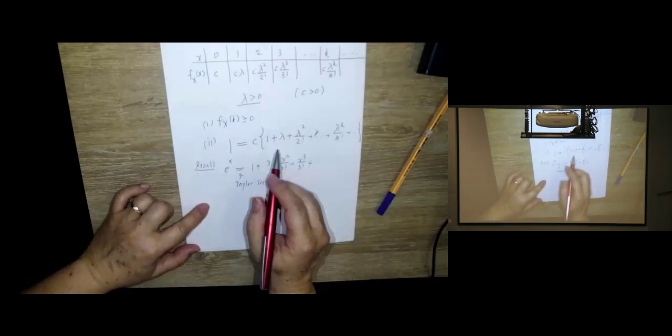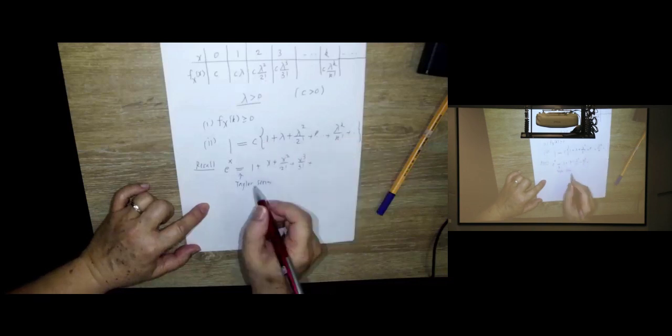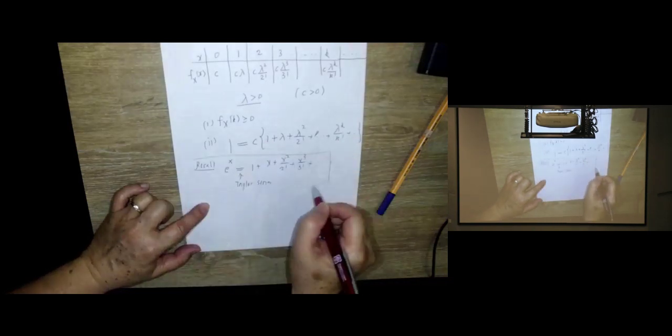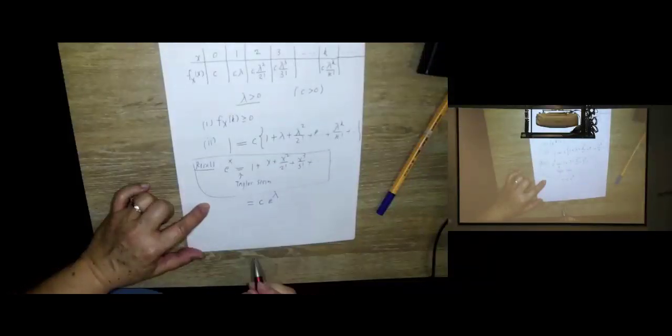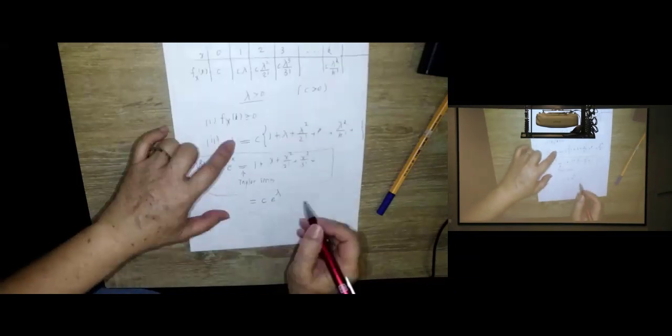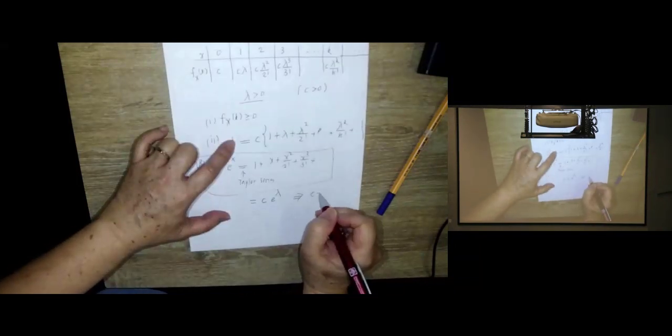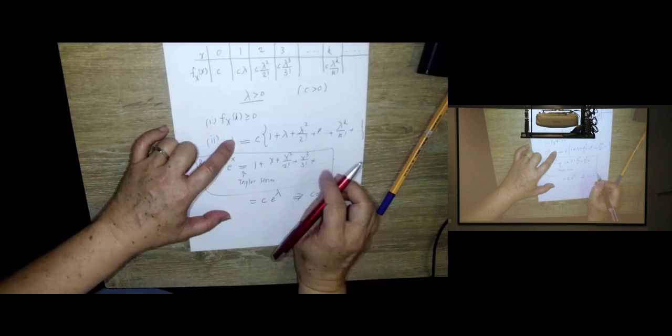All right, and so if this is the case, then this sum is actually going to be equal to, I still have a C here, e to the power lambda. So now that I have an equation, my C would be e to the power minus lambda.